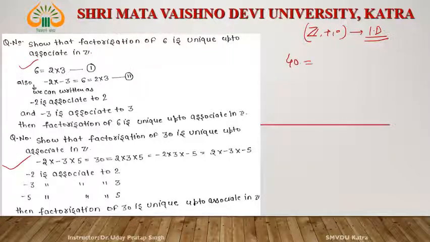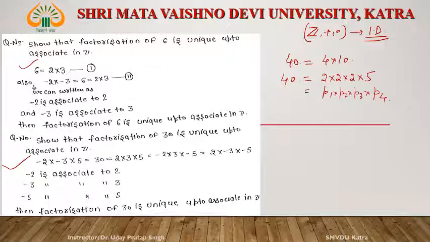What is 40? 40 is 4 into 10, which is 2 into 2 into 2 into 5. So this is one way of the expression, say p1 into p2 into p3 into p4.